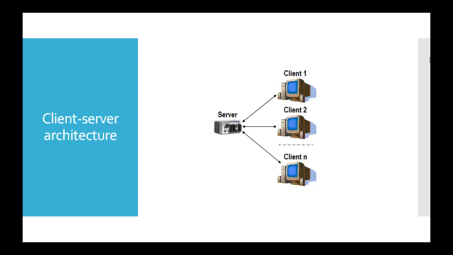Although this idea is applied in a variety of ways on many different kinds of applications, the easiest example to visualize is the current use of web pages on the Internet. For example, if you're reading an article on Wikipedia, your computer and web browser will be considered a client, and the computers, databases, and applications that make up Wikipedia will be considered the server.